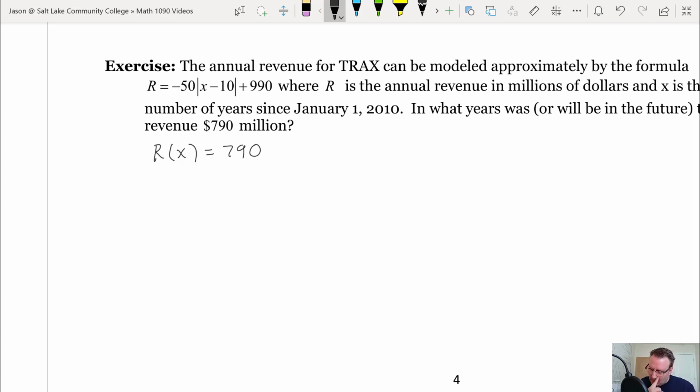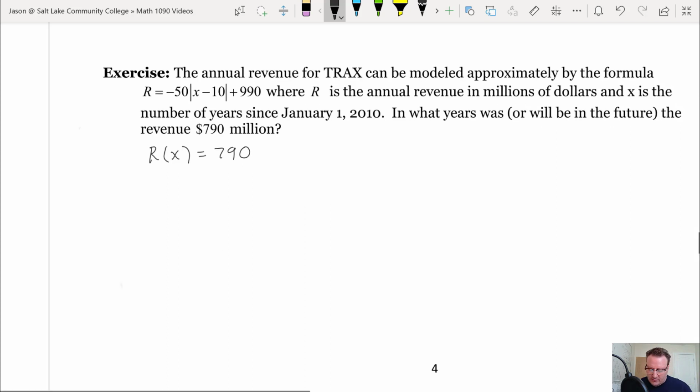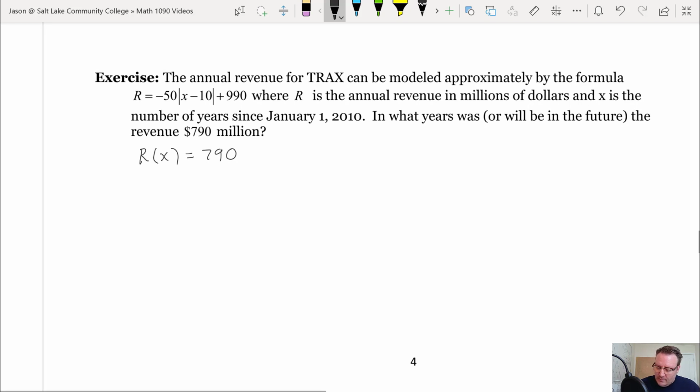We're told to keep the output of our function in millions of dollars. So I want to replace this r of x expression with the expression given to us. We want to solve negative 50 times the absolute value of x minus 10, plus 990, equals 790.